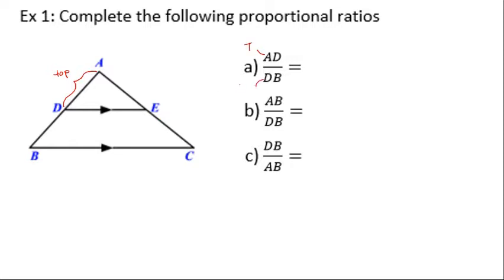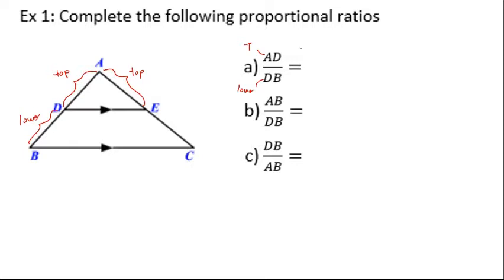DB over here is the lower part. So in this triangle, as long as these are parallel, the sides are proportional to each other, which means that the top part is proportional to the top part on the other side. So these two sides, think of it as the two top parts.